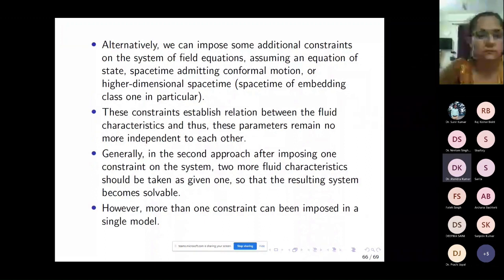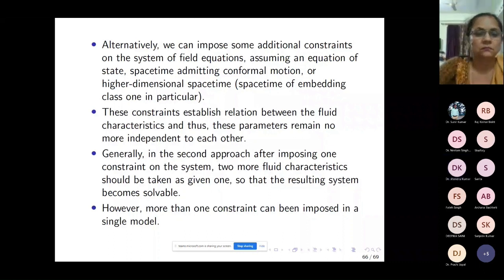And alternatively, we can impose some additional constraints on the system of field equations, assuming an equation of state, space-time admitting conformal motions, or higher dimensional space-time of embedding class 1 in particular.